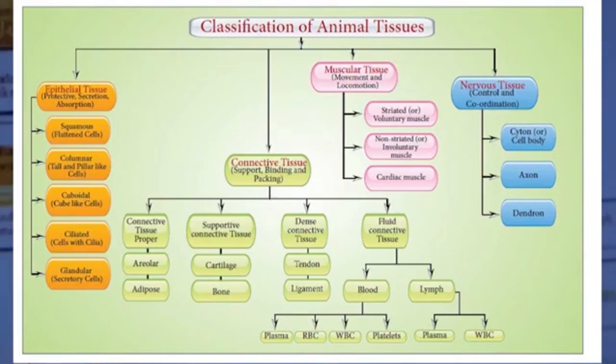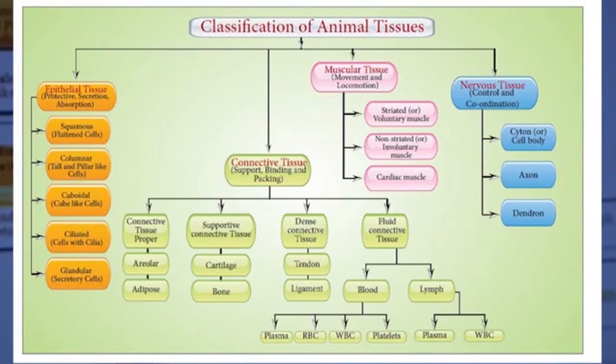Connective tissue proper is classified into subdivisions: areolar connective tissue and adipose connective tissue. Supportive tissue is bone and cartilage. The difference: bone is very hard and rigid, whereas cartilage is thin and flexible.